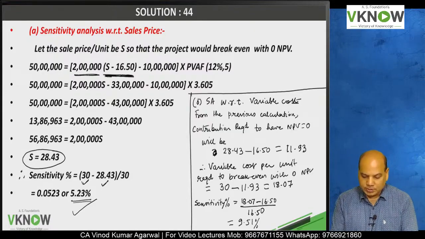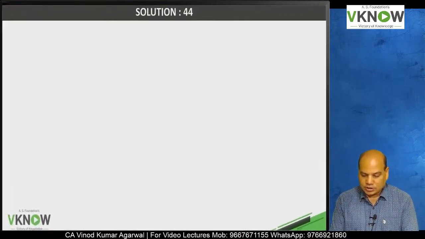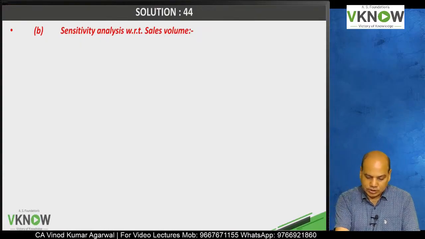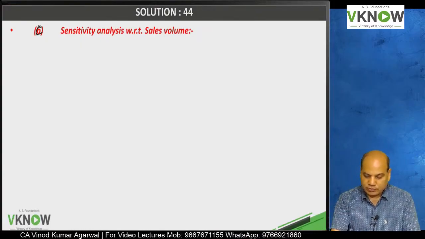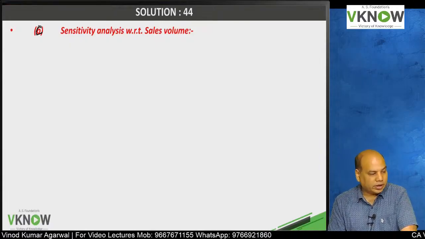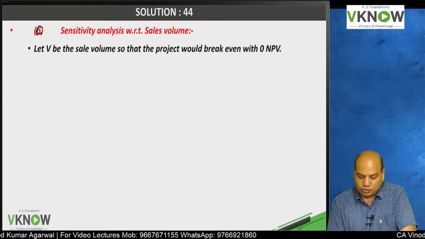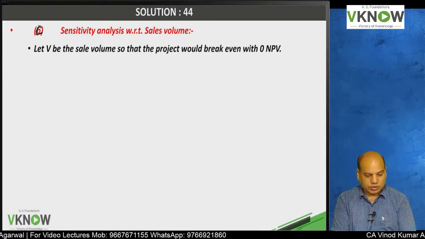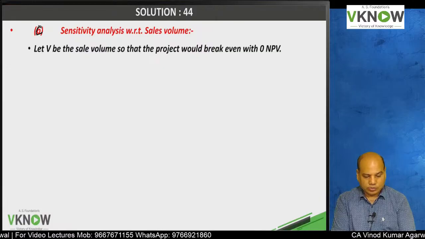And now one more thing is pending. As far as sensitivity is concerned, write down point C, sensitivity analysis with respect to sales volume. I have to solve one equation.